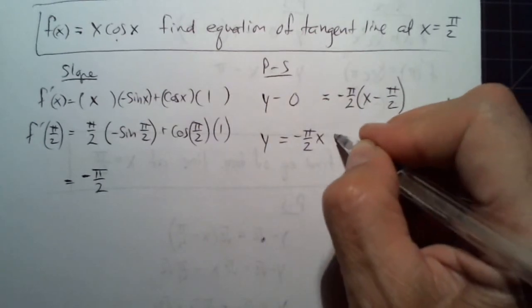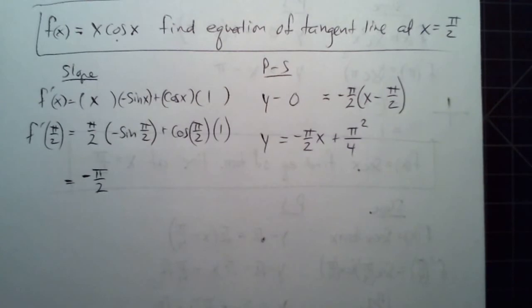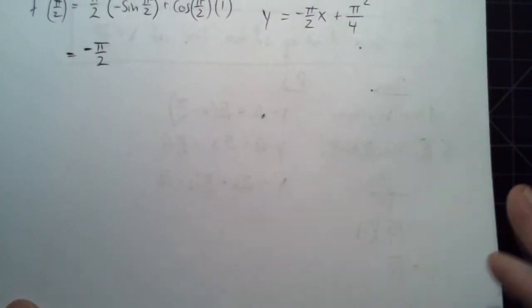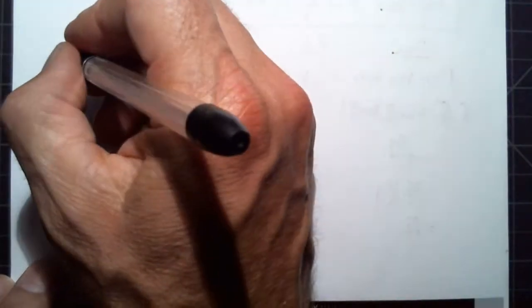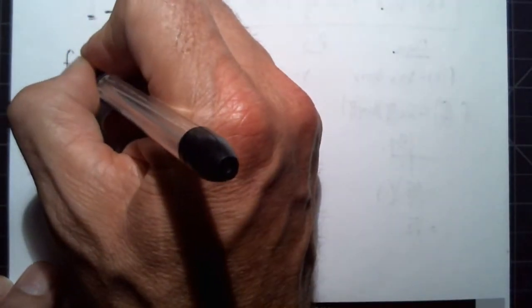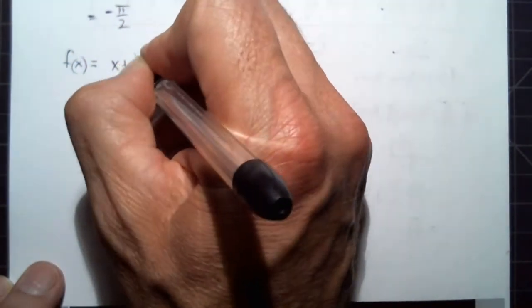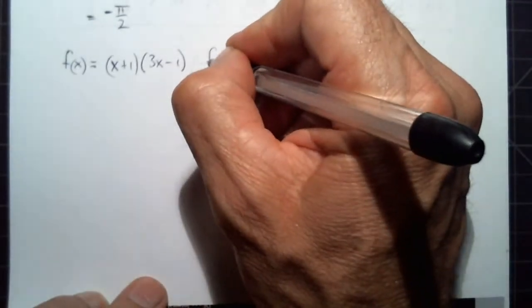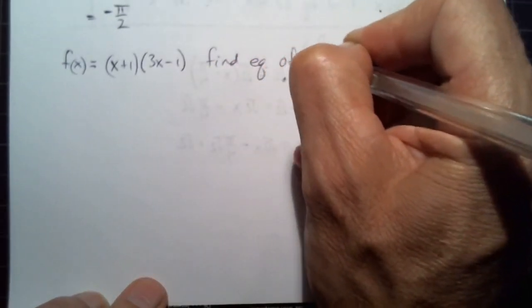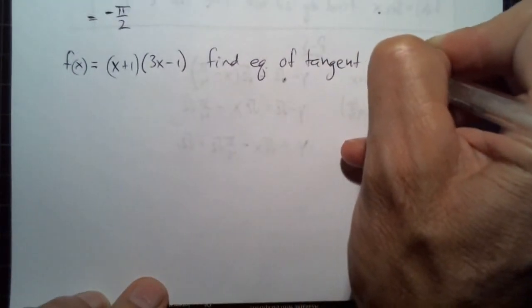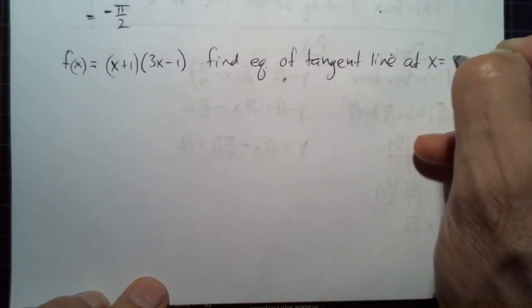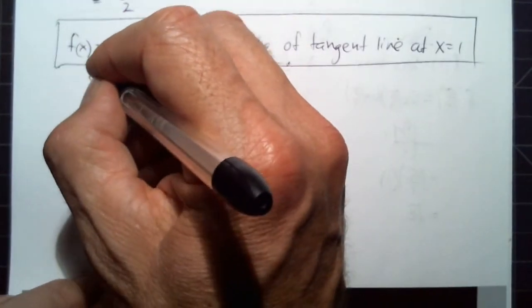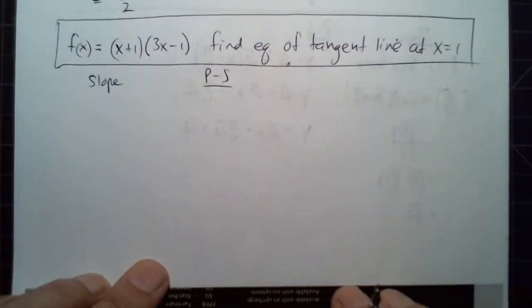Negative pi over 2 x plus pi squared over 4. Alright, pause the video and try that one.